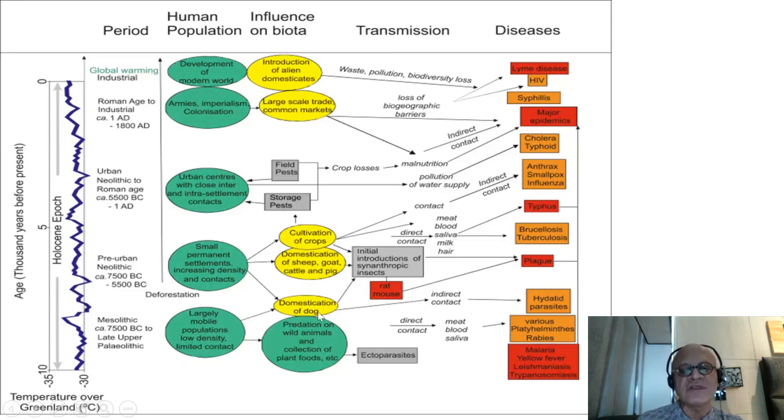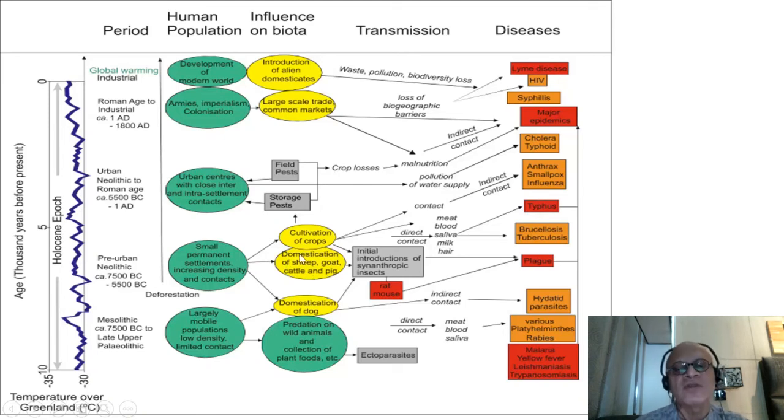So looking at the influence of biota, we had predation on wild animals and collection of plant food, etc. Ectoparasites, domestication of dog happened, cultivation of crops, domestication of sheep, goat, cattle, and pig.